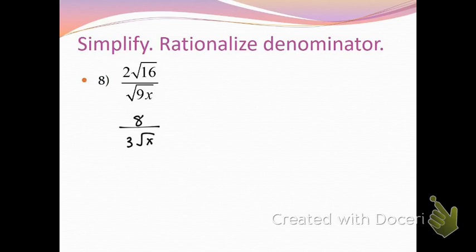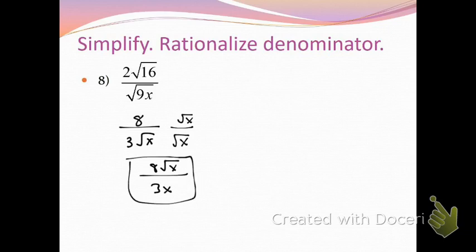And then from here, Mr. Thornton, I'm going to rationalize the denominator by multiplying both numerator and denominator by the square root of x. In our numerator, obviously, we get 8 square root of x. And in our denominator, we get 3x. We okay?